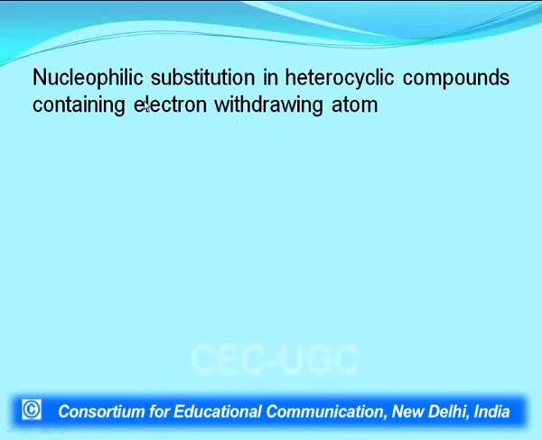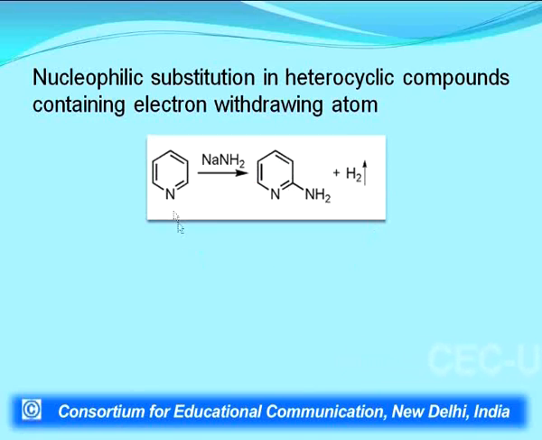Then nucleophilic substitution does occur in heterocyclic aromatic compounds also, but it is observed in those compounds which have some electron withdrawing atom, like pyridine. Pyridine is an aromatic heterocyclic compound. The difference between benzene and pyridine is that one of the carbons is replaced by a nitrogen, and this nitrogen is more electronegative than the carbons.